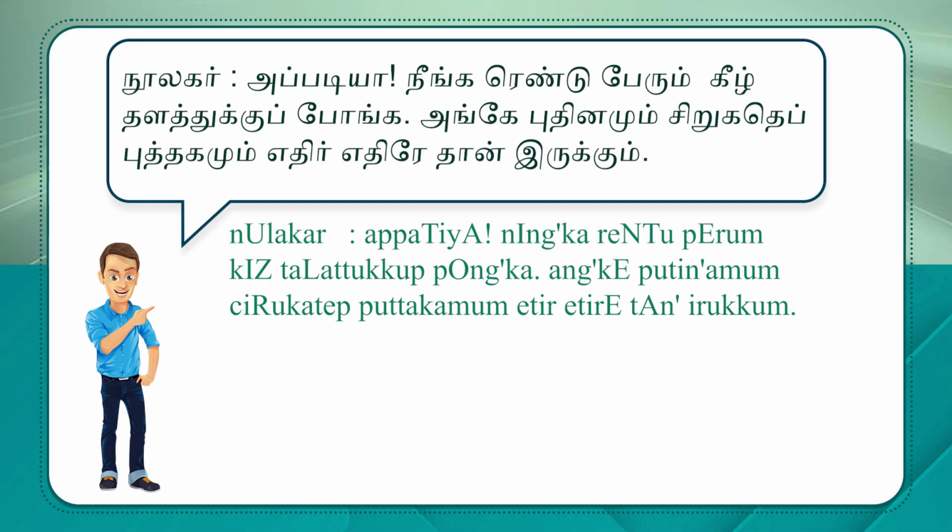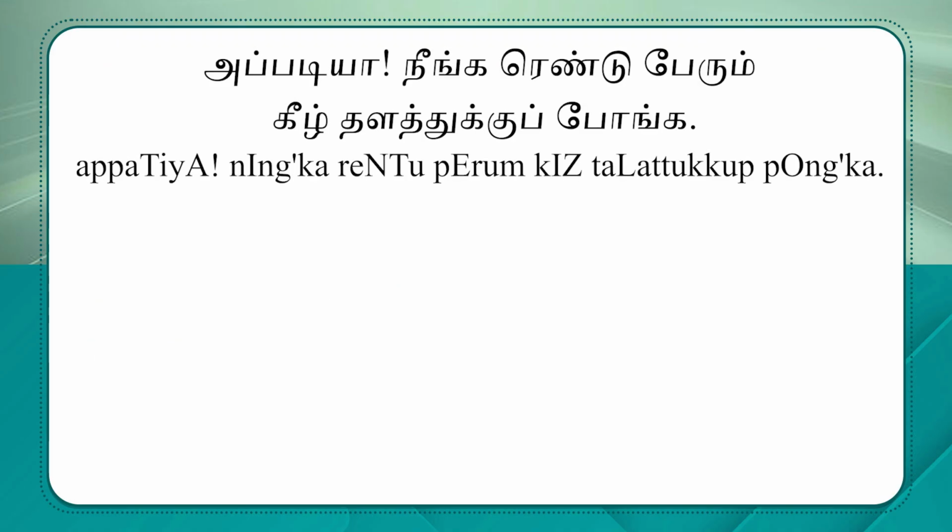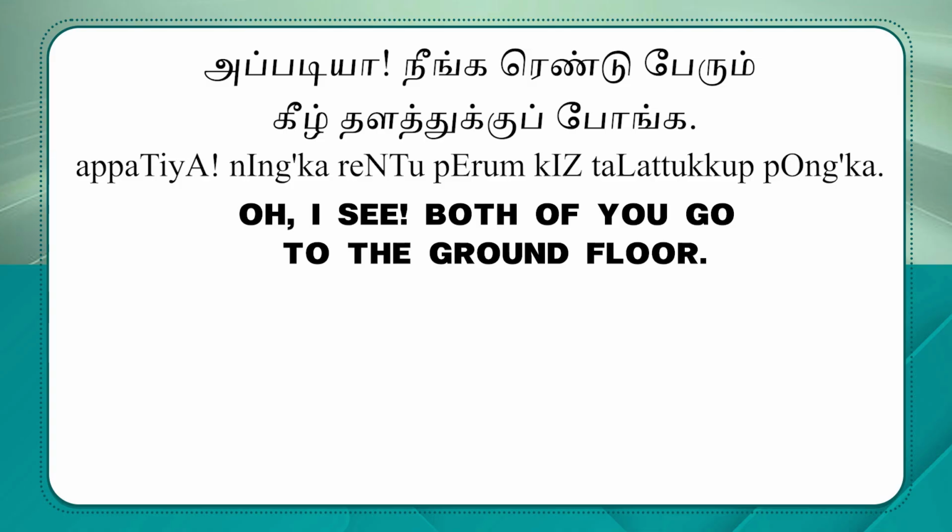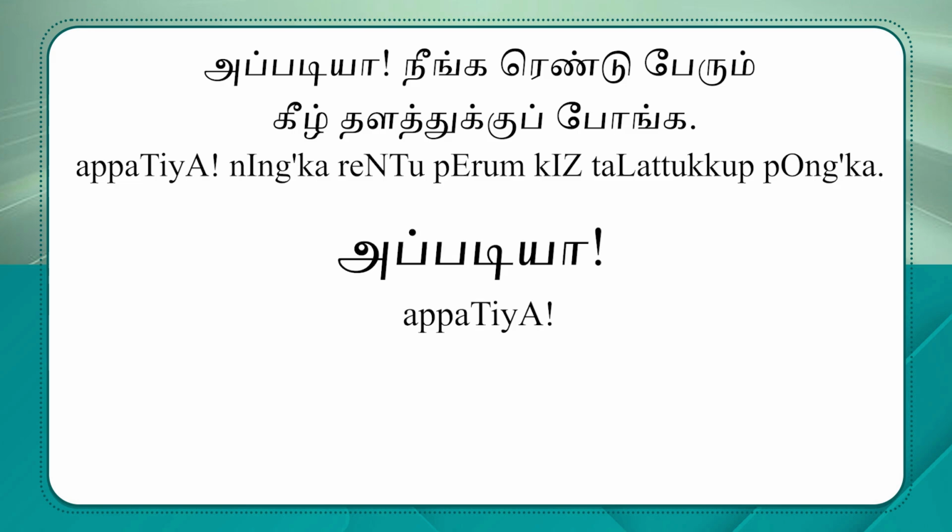நூலகர், அப்படியா, நீங்கள் ரெண்டு பேரும் கீழ்த்தளத்துக்கு போங்க. அங்கே புதினமும் சிறுகதை புத்தகமும் எதிரெதிரே தான் இருக்கும். Here we have two sentences. The first sentence is, அப்படியா, நீங்கள் ரெண்டு பேரும் கீழ்த்தளத்துக்கு போங்க. Translate to, oh I see, both of you go to the ground floor. In this sentence, அப்படியா means oh I see in English.